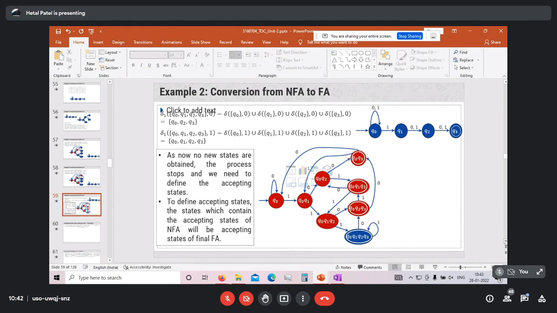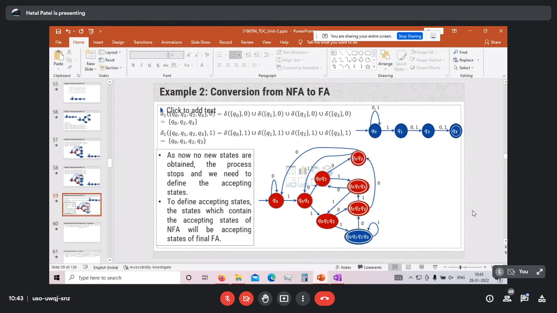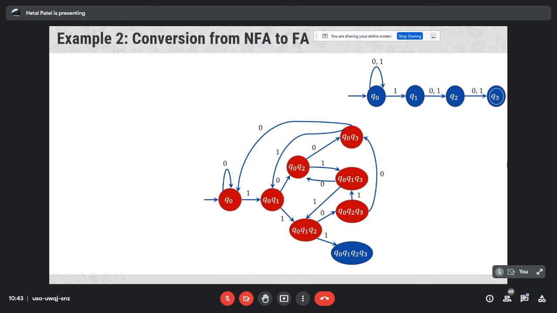And just check out the final states also here. Okay, this is your final DFA.